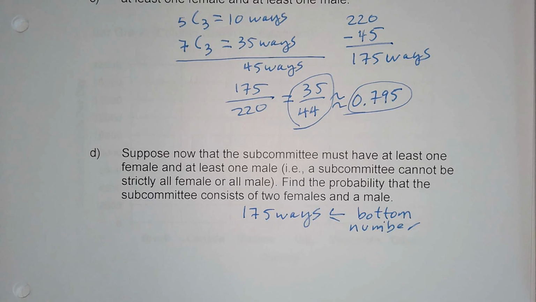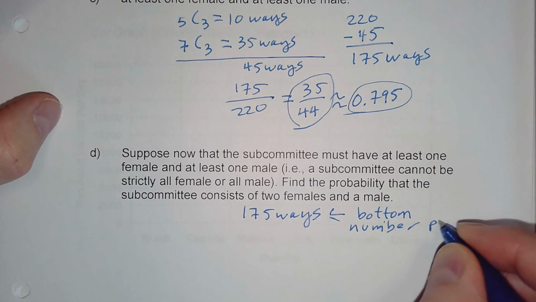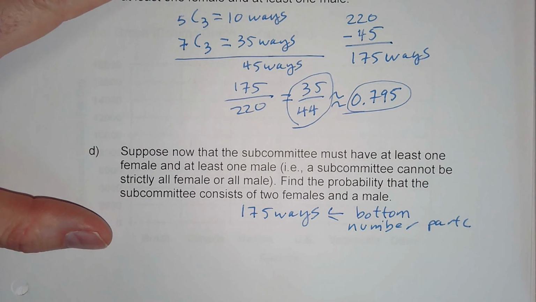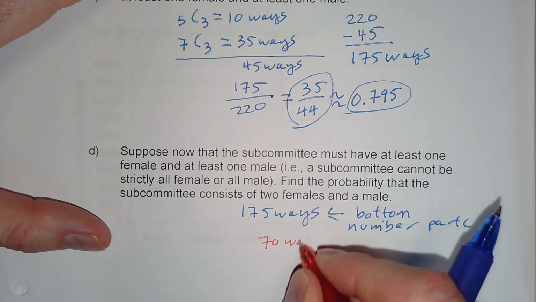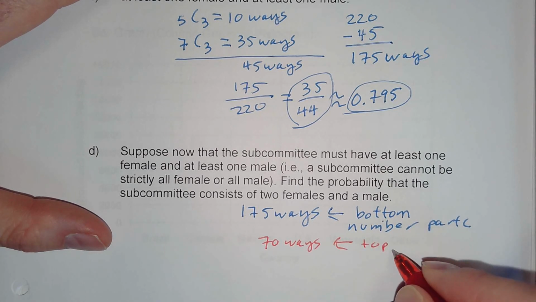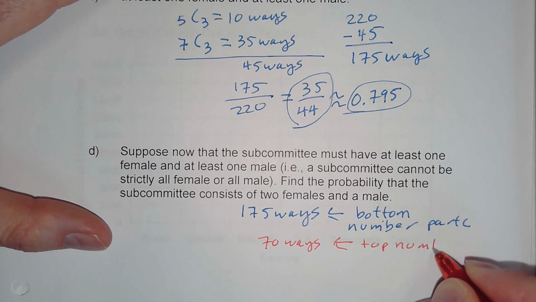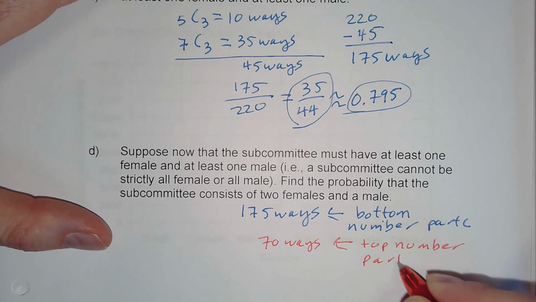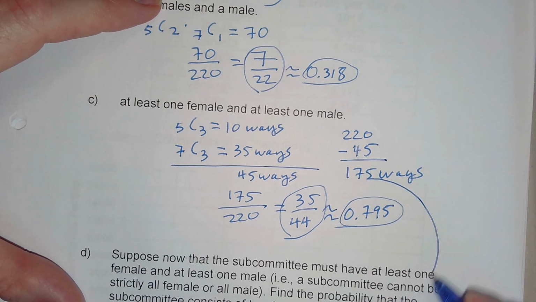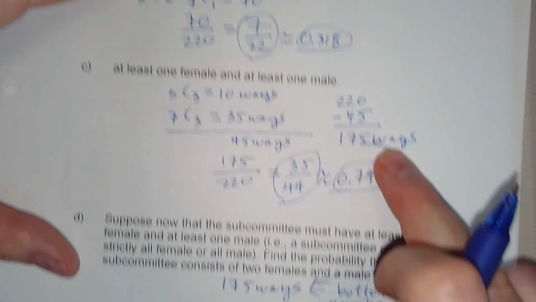We know from part B, so this was from part C. From part B, there are 70 ways of getting 2 females and a male. So that's going to be our top number, and that's coming from part B. So 175, we got it from up here, just bringing it down.